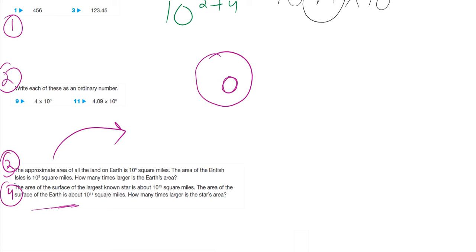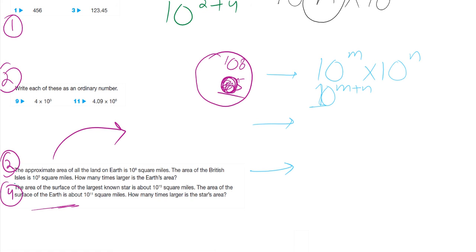Alright, so the Earth's whole area is 10 raised to power 8, and the British Isles is 10 raised to power 5. What will you do to see how much greater the area of Earth is? Over here we need to learn some concepts before doing this question. There are 3 points I want to tell you. When the bases are the same and the powers are different, you can just add up the powers, because the base is the same.